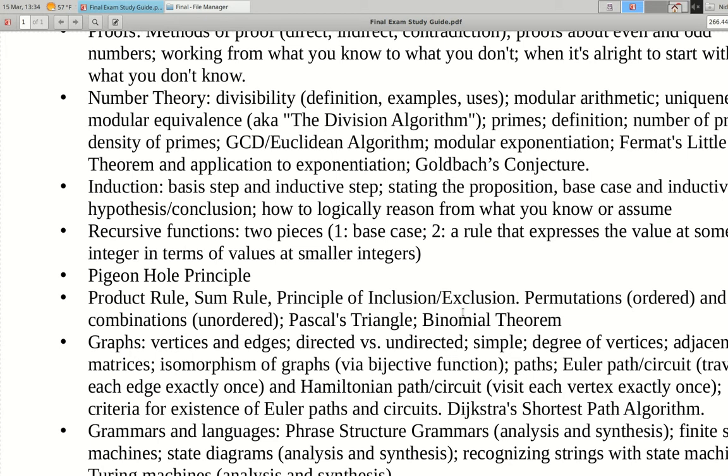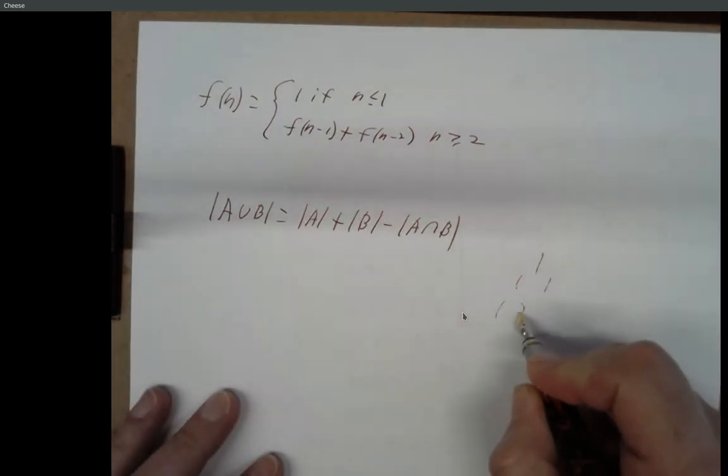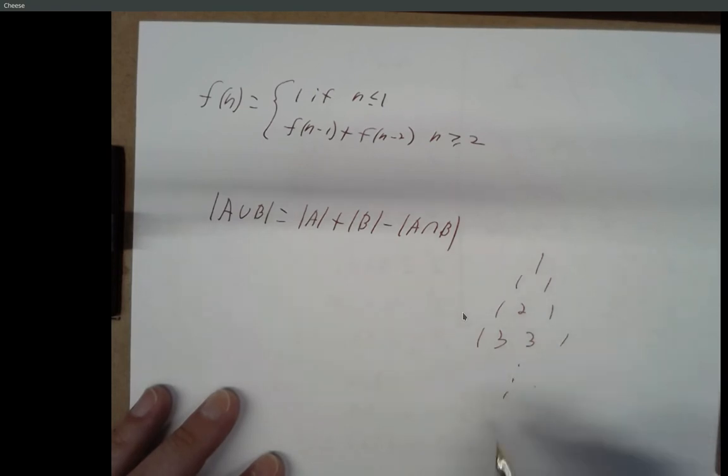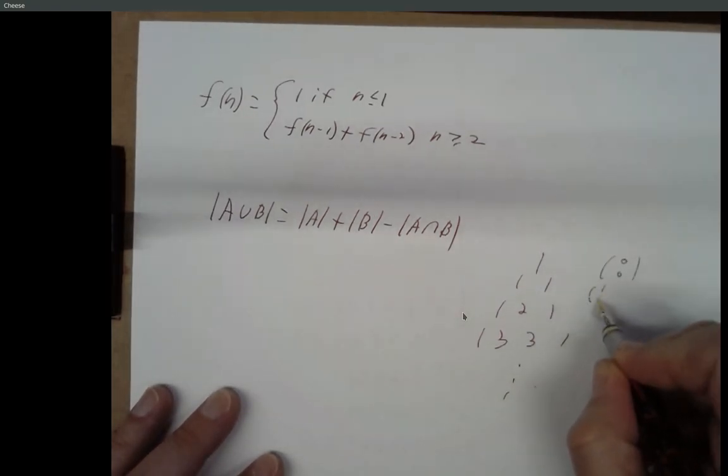Permutations are ordered, combinations are unordered. So that's quiz 3. Pascal's triangle, I'm not going to ask you about, but it's that thing, and this is always combinations.